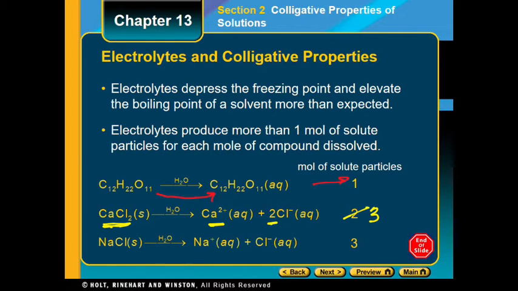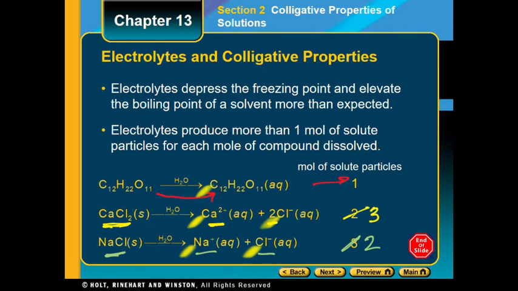So the number of moles of solute is actually 3. And then in that other one below, that is NaCl, which is also an ionic compound, breaks into 1 ion of sodium, 1 ion of chlorine. 1 plus 1 is 2, because I'm looking at any coefficients that would be right out here in front. Okay, any coefficients in front.